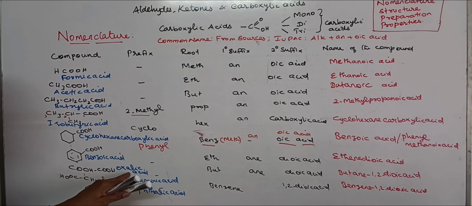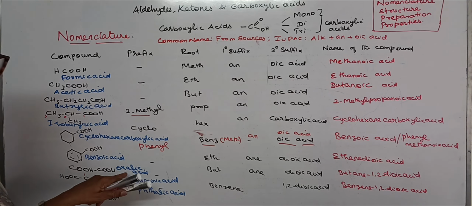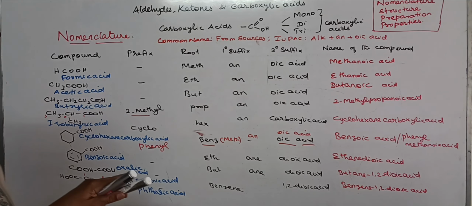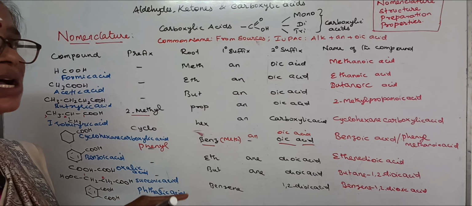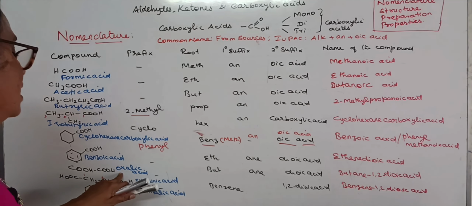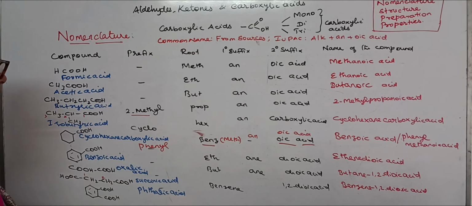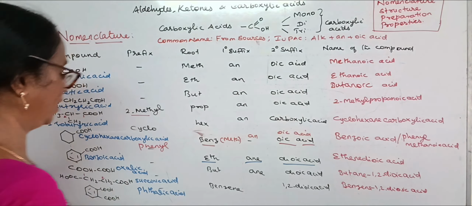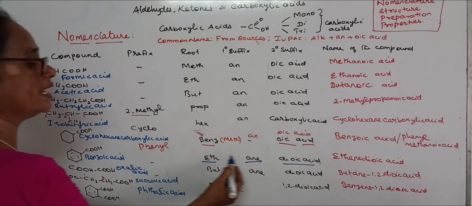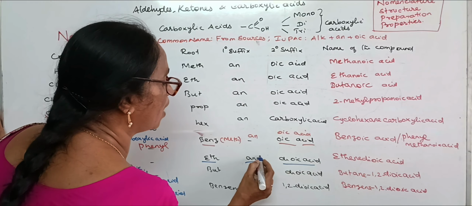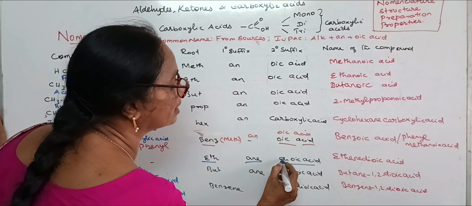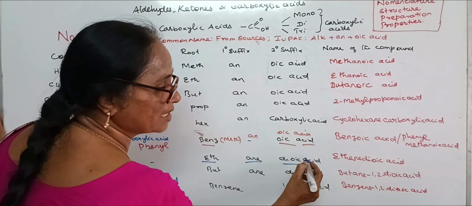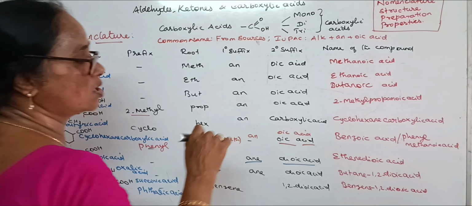Its common name is oxalic acid, which is present in tomato as calcium oxalate. As it has two carbon atoms, its name is ethanedioic acid. We retain the letter e because the first letter of the secondary suffix starts with a consonant.